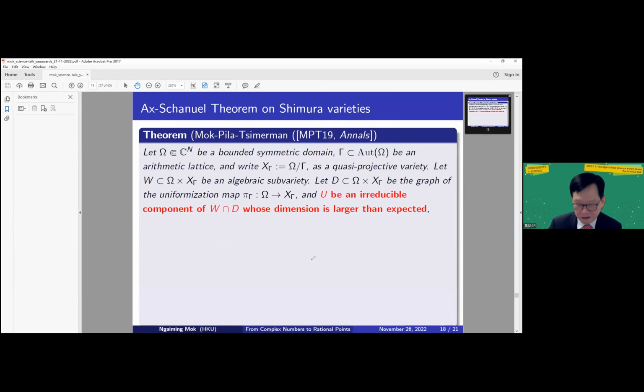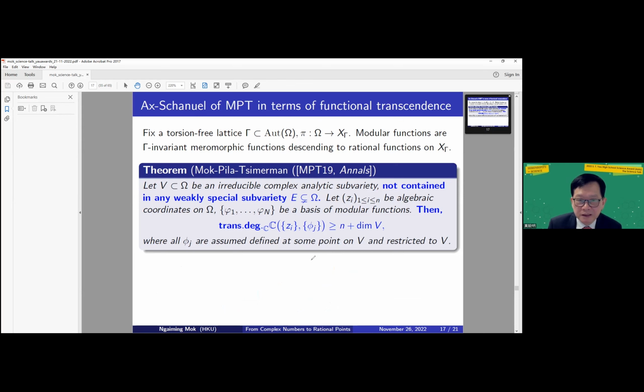So I should say here that the analogy is also not complete. It says here that you have this inequality on the transcendence degree of these fields of functions, z_i being functions on the covering domain, and the phi_j being modular functions on the quotient.